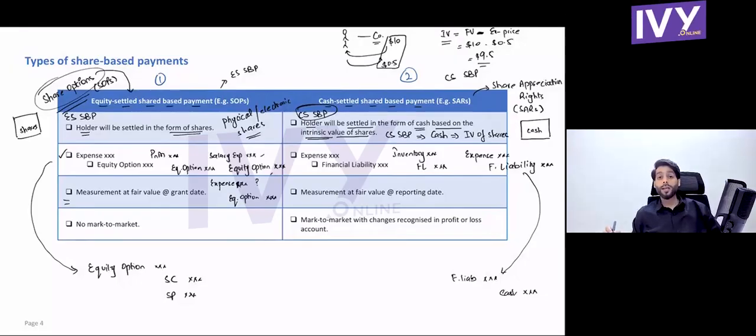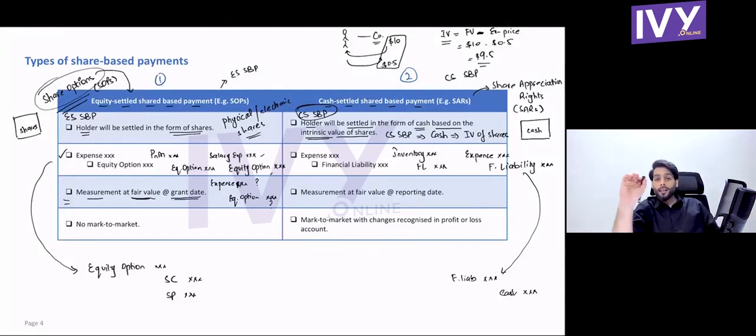How are we going to measure that transaction? So according to IFRS 2, an equity settled share based payment transaction, or if you simply call it a share based payment transaction, is measured at fair value, market value at grant date.